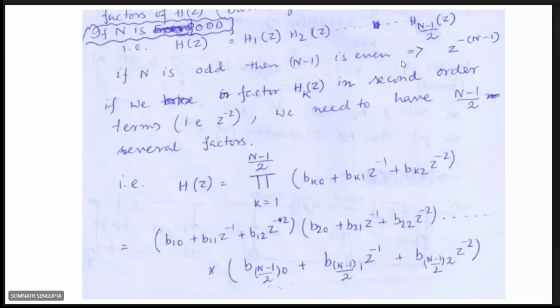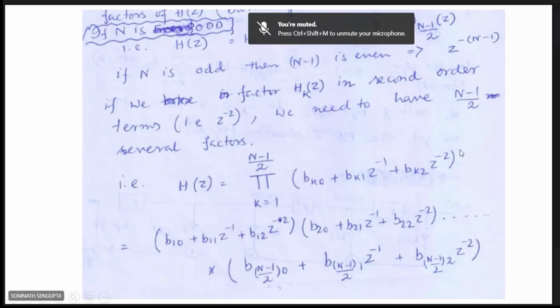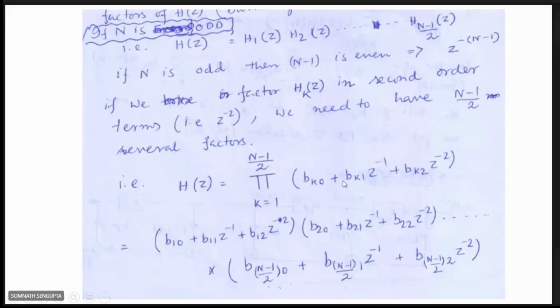Let us write in a general way that suppose A(z) is written as, if n is odd, we can write it as a product of some smaller order polynomials, like bk0 plus bk1 z inverse plus bk2 z to the power minus 2, where k goes from 1 to n minus 1 by 2.